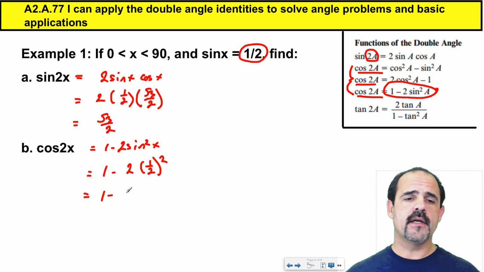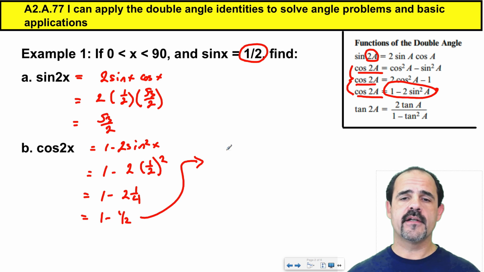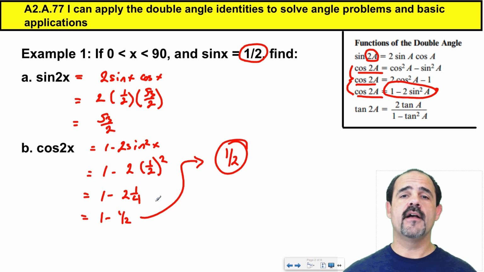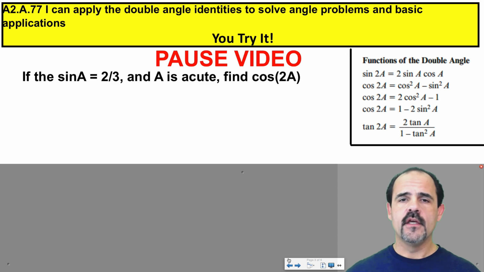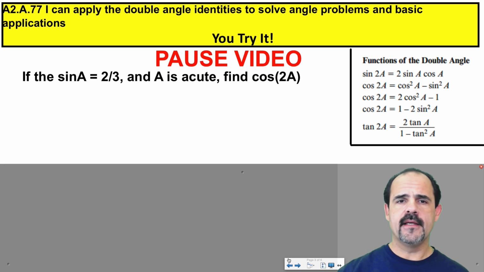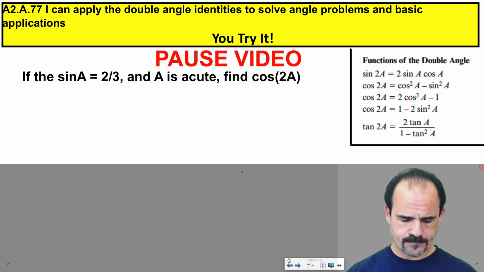So it's going to be 1 minus 2 times a quarter. 2 times a quarter is a half. So it's going to be 1 minus a half, and that's going to give us our final answer. 1 minus a half is a half. All right? Okay. You give it a shot there, and then I'll go over it with you, of course.